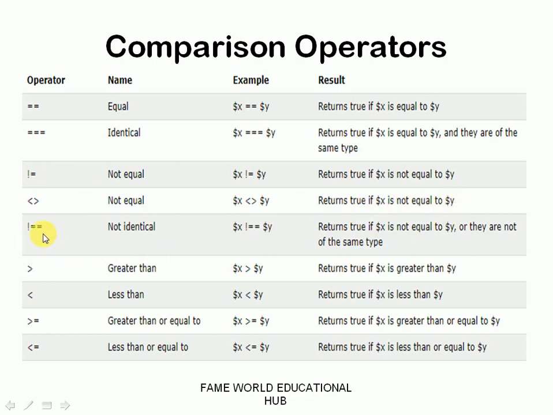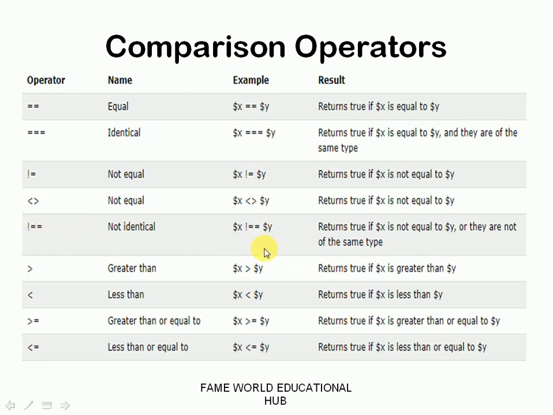Again, coming to the next one, we can see not identical. As we had identical in the second row, in the fifth row we have not identical. We have just replaced the first equal to sign with the exclamation mark. So the exclamation mark and double equal to sign is used for not identical.